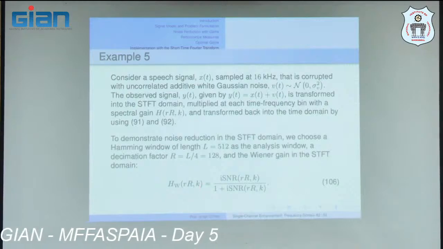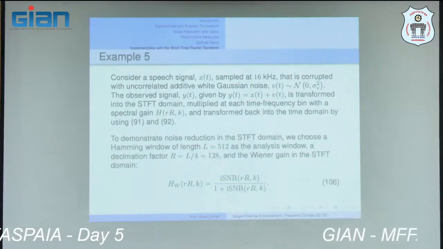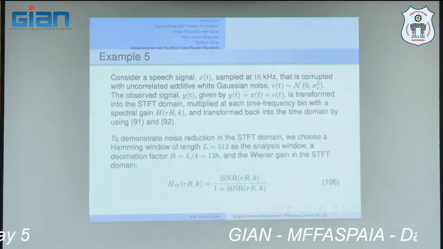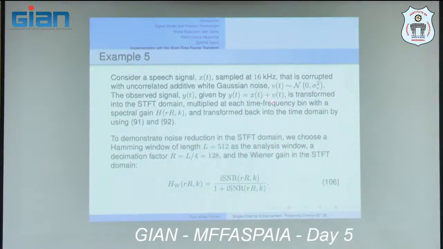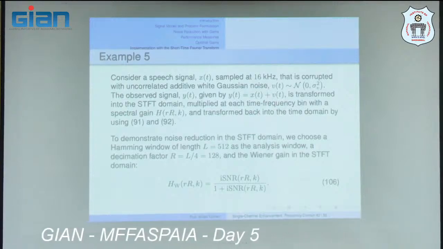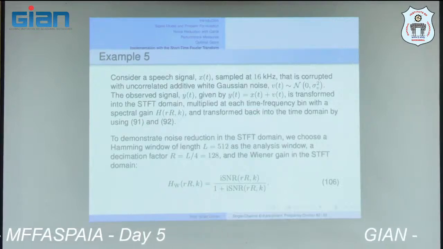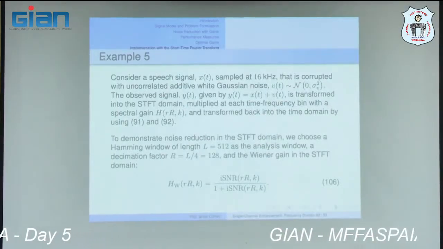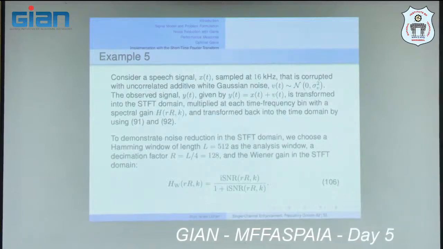So if we want to apply the Wiener filter, the Wiener filter will generate some distortion. Of course, if the noise is large, if the input SNR is low, we need to reduce more noise, and then the enhanced signal will sound more distorted compared to the original signal.